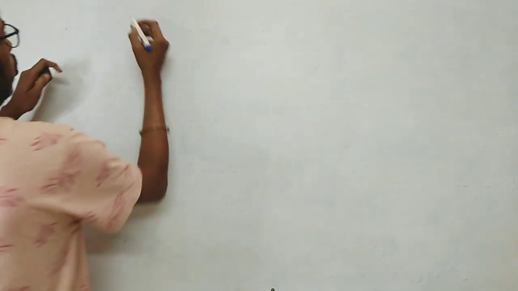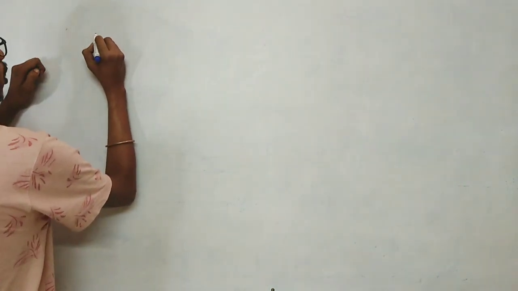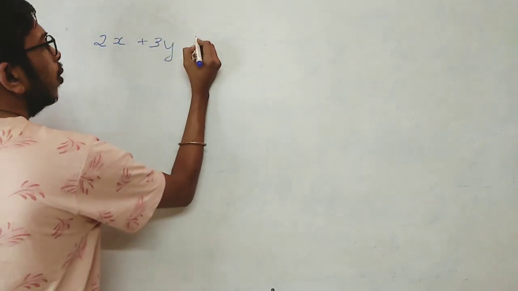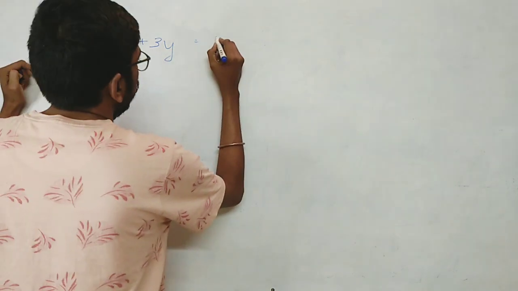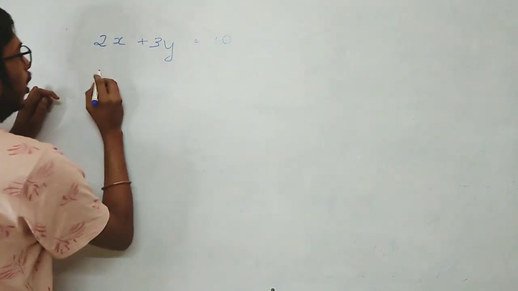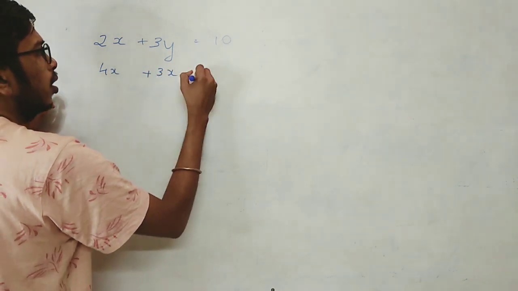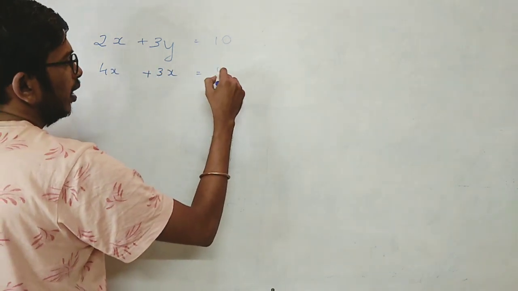Now in this video there is something important which needs to be discussed. What is it about? Let's say there is a particular pair of linear equations in two variables. Say I am writing 2x plus 3y is equal to 10, and 4x plus 3y is equal to 9.